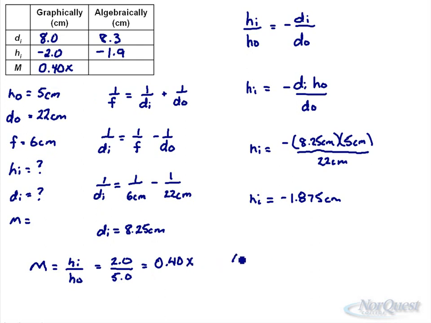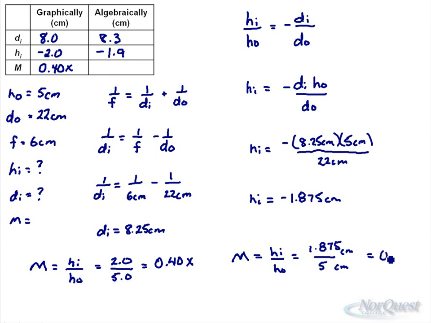And if we were to do it again using our algebra, notice I don't put the sign in for the magnification. We're going to go 1.875 divided by 5 gives us an algebraic number of, again, 0.38.